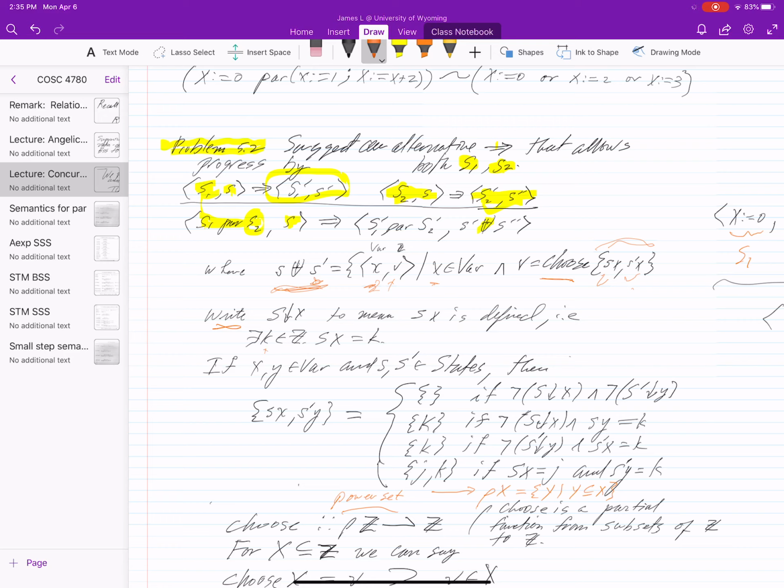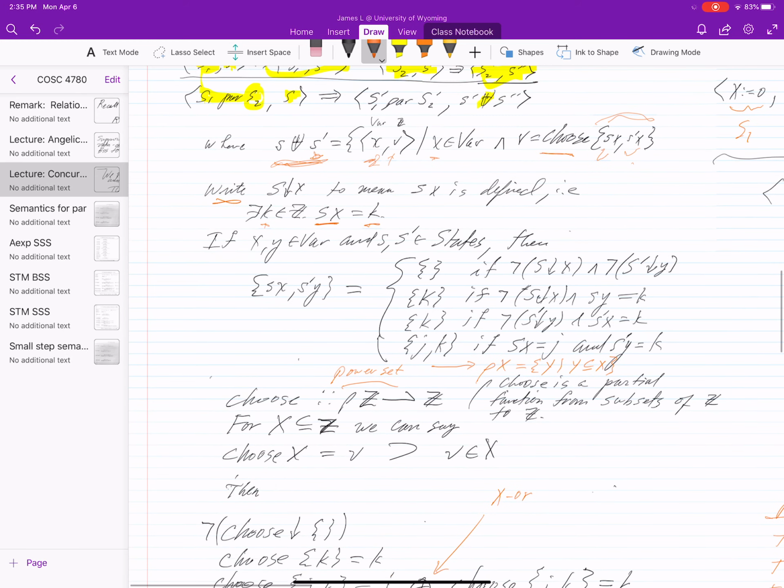In other words, there's some K such that when I apply S to X, I get K. So S applied to X and S prime applied to Y. This is a slight generalization, because up here they're both applied to X. First, what is this set? Well, it's empty if X is not defined for S and Y is not defined for S prime. If this is not defined and this is not defined, then you get back the empty set.